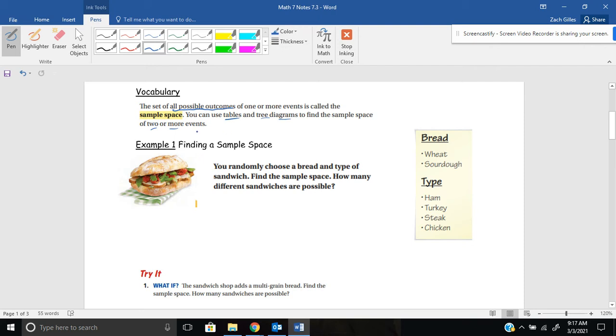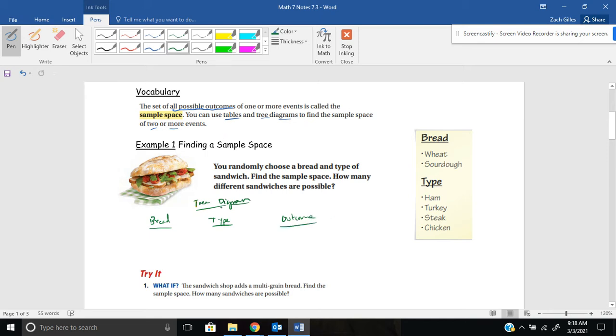So I'm actually going to use a tree diagram to start here and kind of show you how that models all the different possibilities. Okay, so the first thing I'm going to start with is my bread selections, and then I'm going to my type of meat, and then what's my outcome from that.